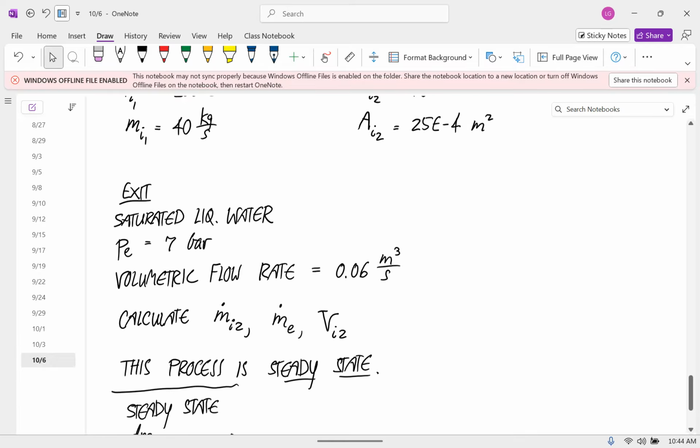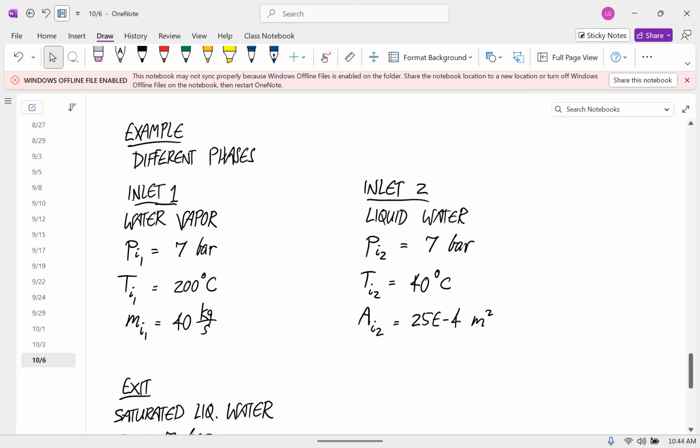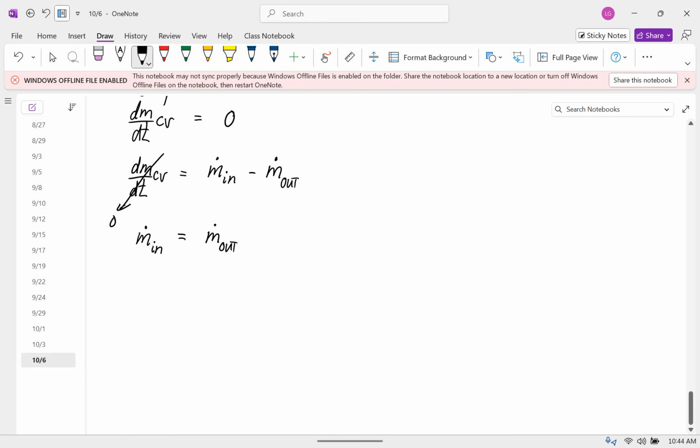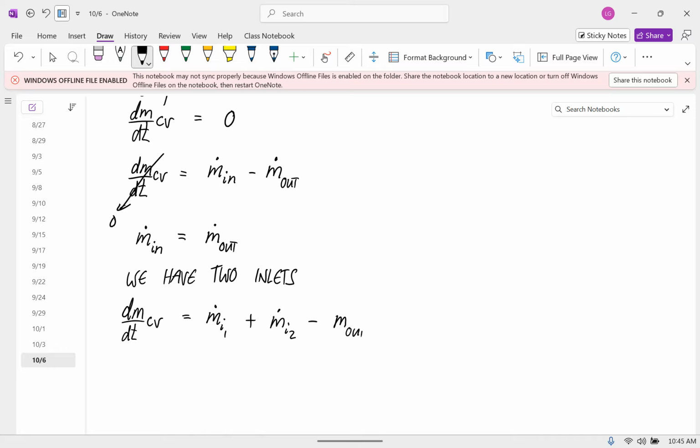Anytime you see steady state, that's what that means in a mass balance calculation. And now we can start to put some of these things together. For ours, notice since we have 2 inlets, we have this, and this goes to 0 because of steady state.